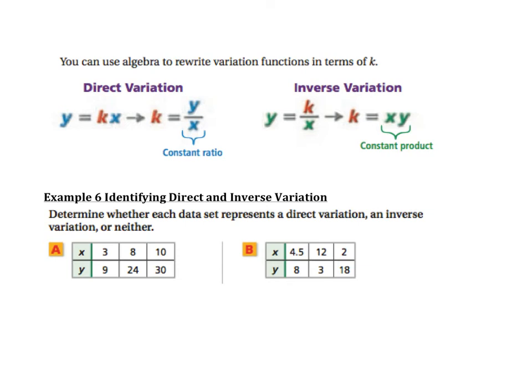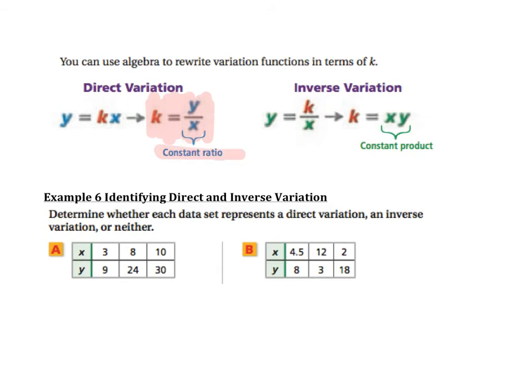We can also rewrite in terms of K, and this will allow us to determine from a set of values if we have a direct or inverse variation or no variation. So if I rearrange my direct variation for K, I get Y divided by X. That will be a constant ratio.